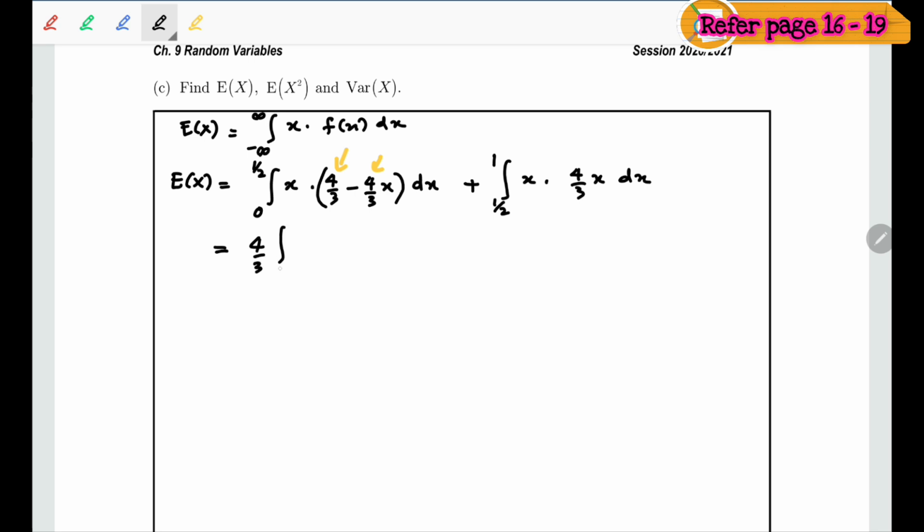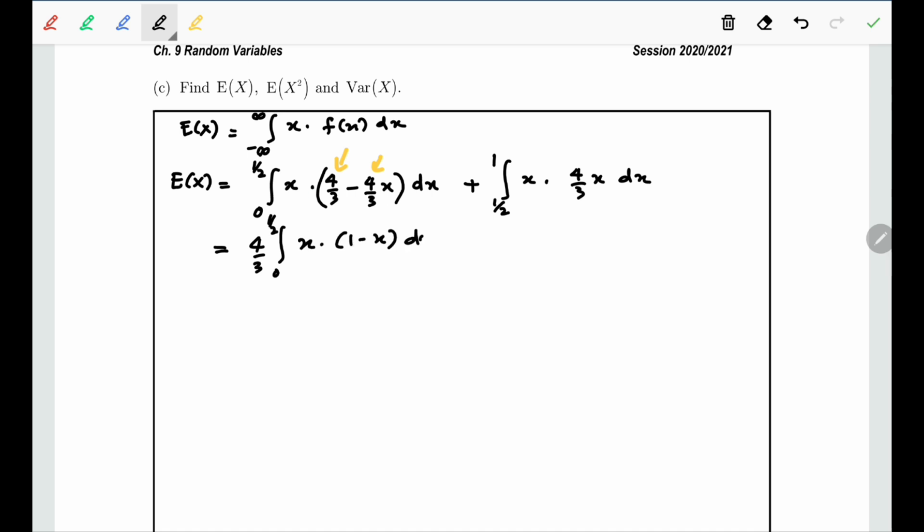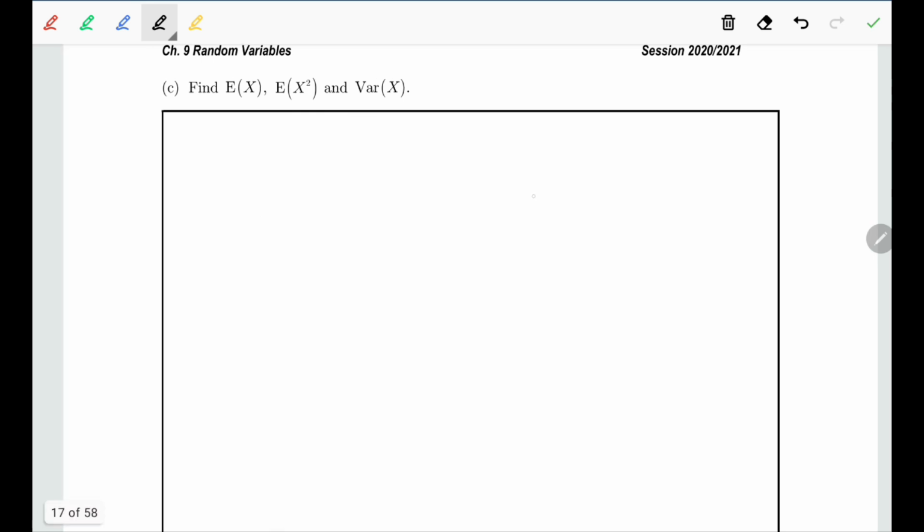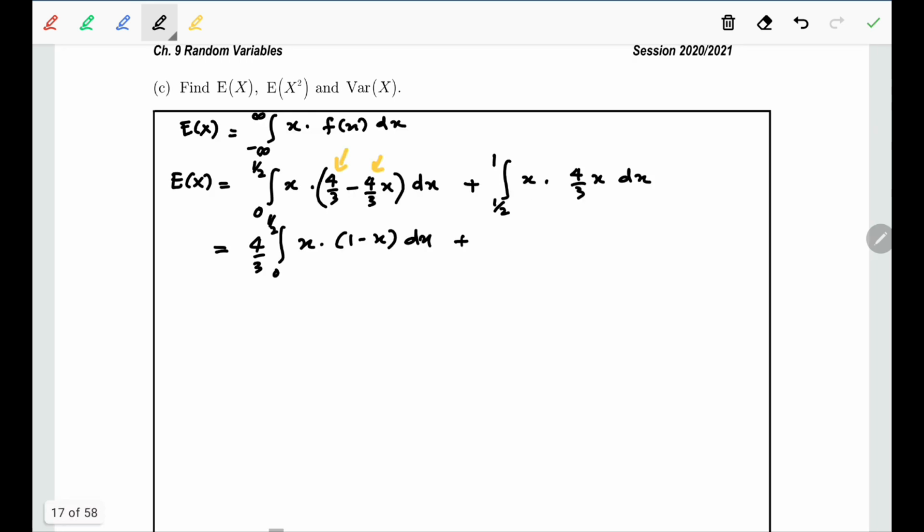So then we will have integration for x multiplied with 1 minus x, plus, factor out the 4/3, take out the 4/3, so 1/2 until 1, and you just expand the x and x, you get x squared.